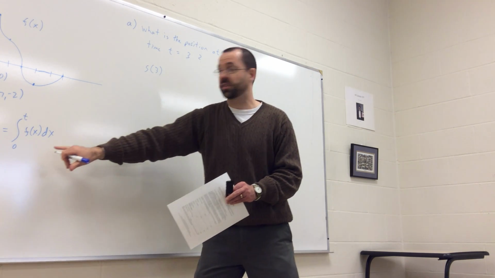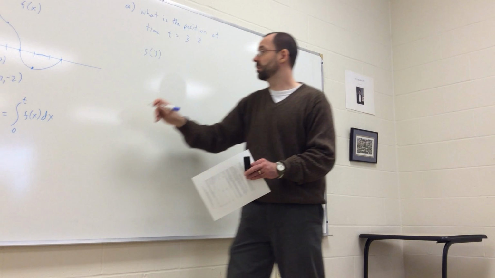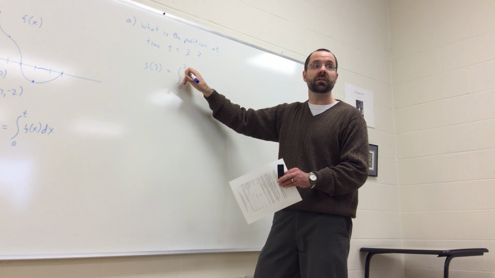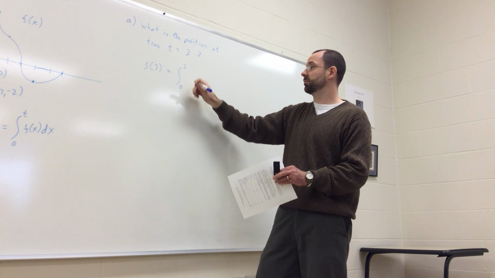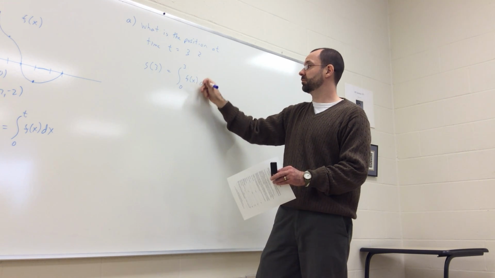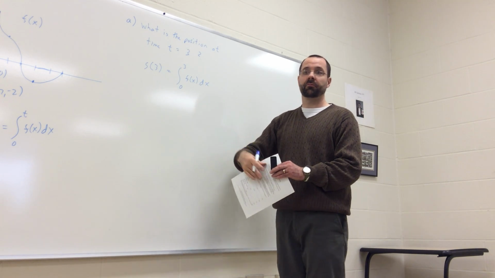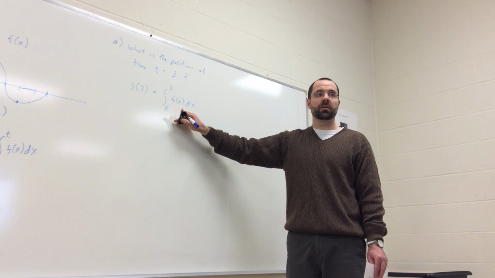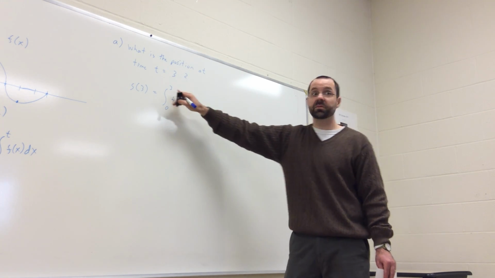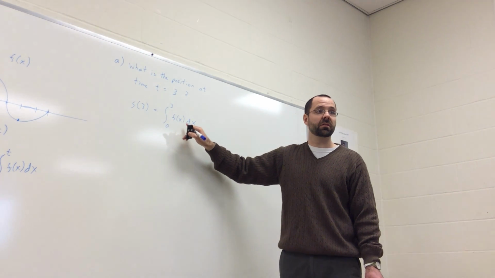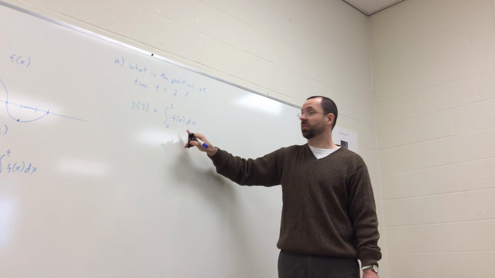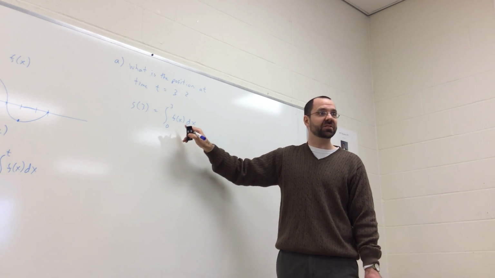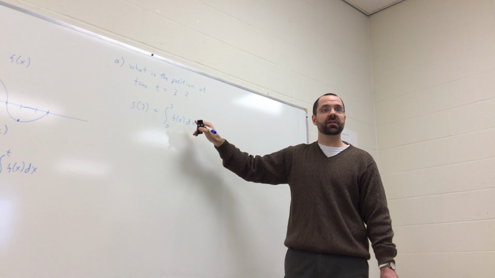So we need to plug 3 into this craziness. So we're going to plug 3 there. And what does this mean? All this notation here, it means find the area under that curve from 0 to 3, right?